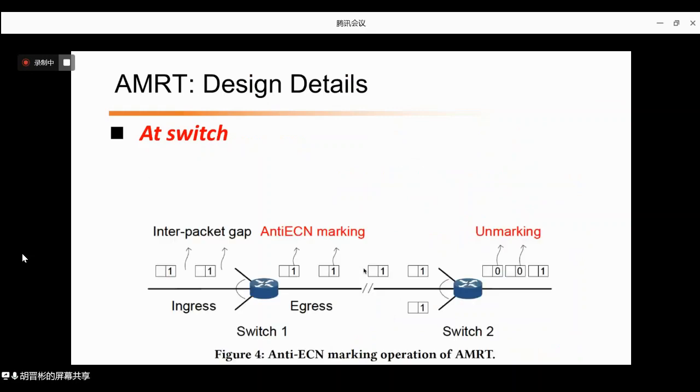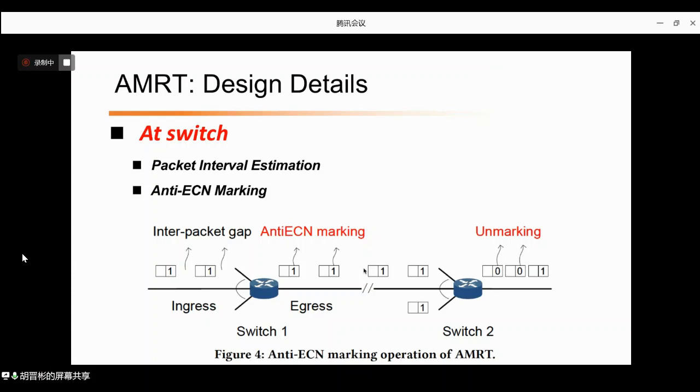This figure shows the anti-ECN marking operation of AMRT at the switch. Switch 1 monitors the inter-packet time of the current and the last packets at the egress port. 2 packets are marked because the inter-packet time is larger than the transmission time of 1 packet.